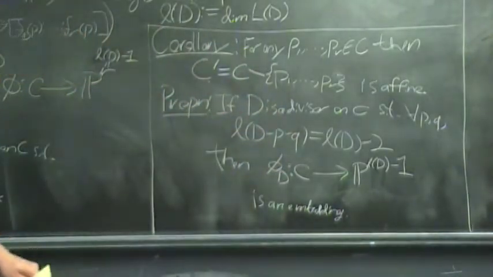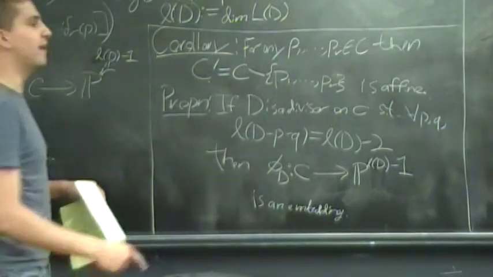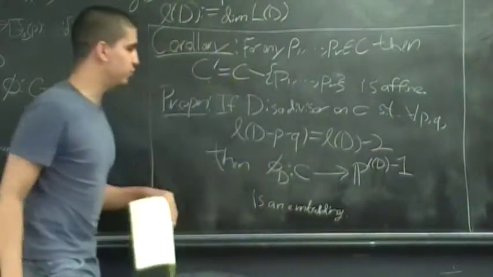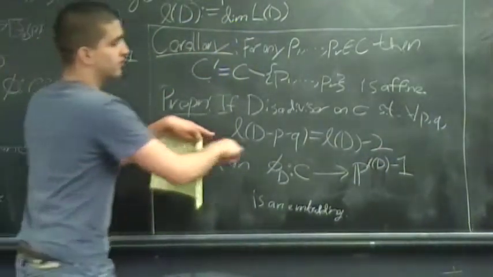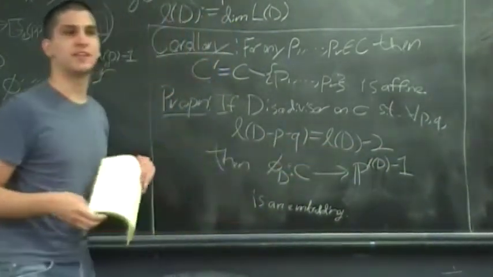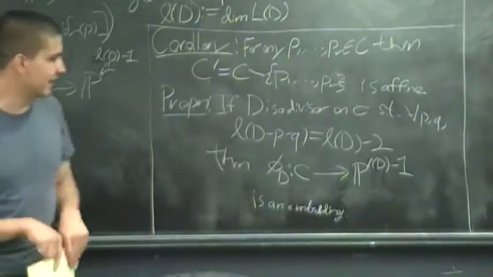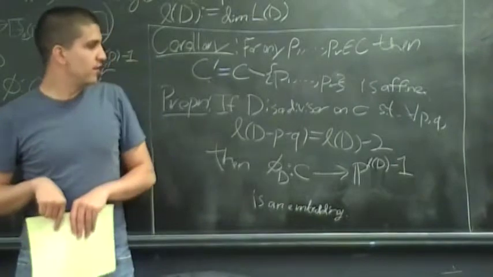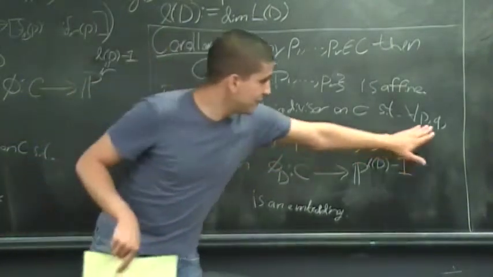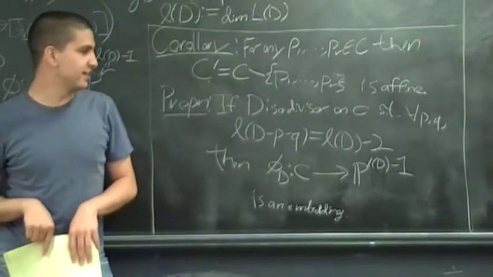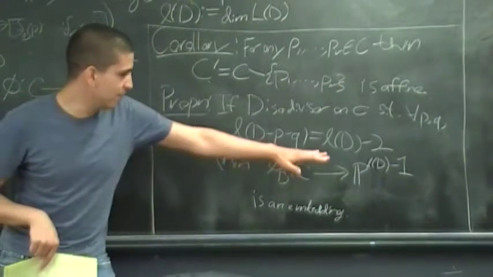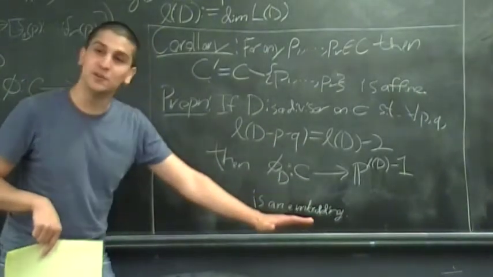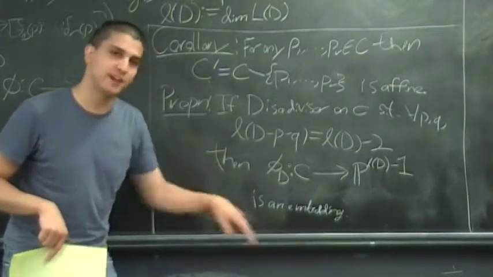So the way we should think about this proposition is that in the case where P and Q are 2 distinct points, losing 2 functions when you subtract them off turns out to be the same as saying that this map sends them to different points. So if we only have the case where P and Q are distinct, a weaker theorem would tell us that this map is injective.